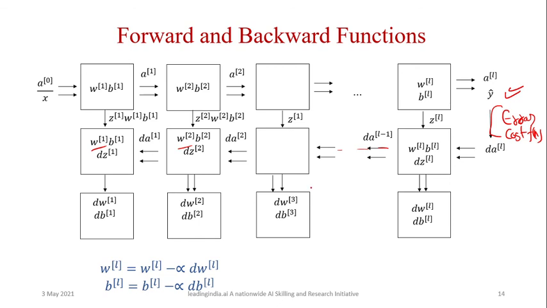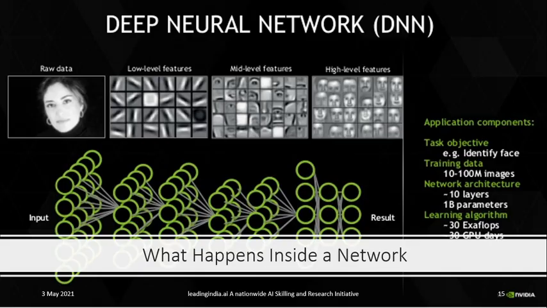So in training we have both forward and backward, but when you are doing testing or inference, you have only the forward propagation. So what is a deep neural network? Same thing, a multi-layer network that is very deep. How exactly will it look?